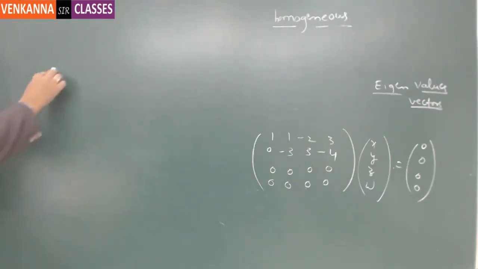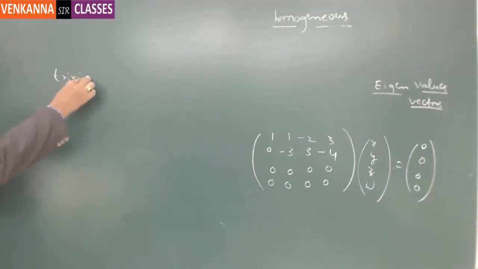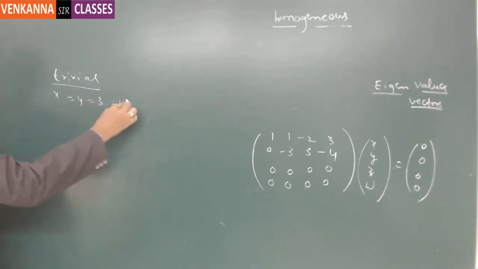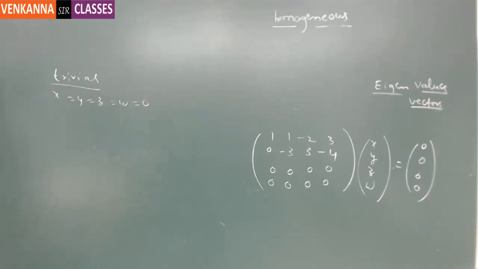One is the trivial solution, where all the variables are equal to 0, the zero vector or zero column. The second one is the non-trivial solution, which is a non-zero solution, where we get an infinite number of solutions.